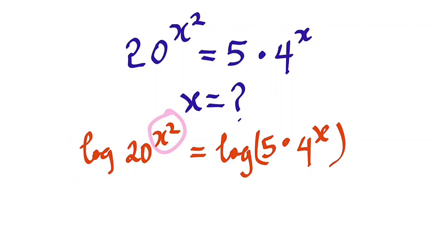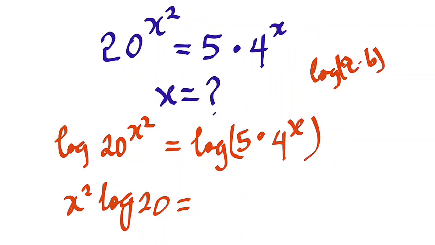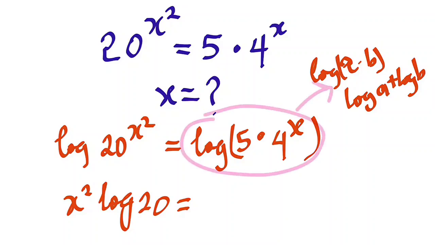So we're going to have x squared log 20 equals, and also from the law of logarithm, when you have log of a multiplied by b, you know that is going to be log a plus log b. So that is what we're going to use here. Are you getting it?